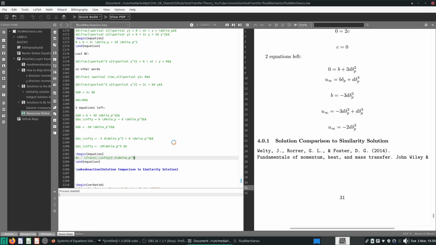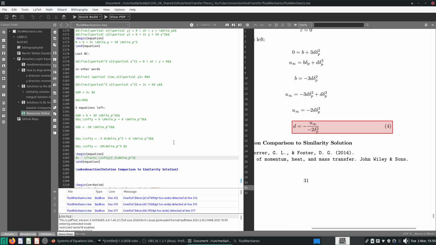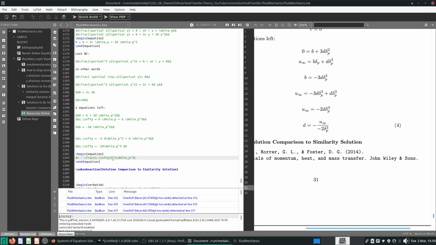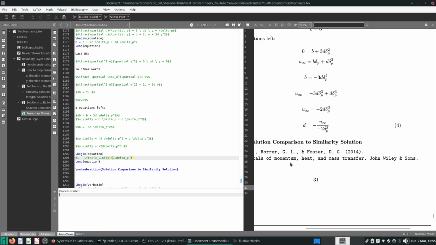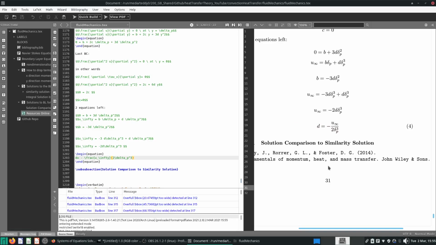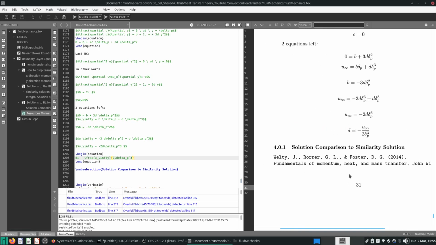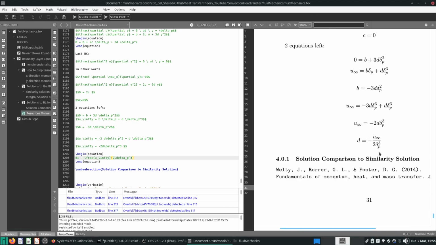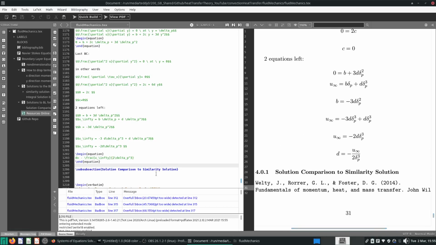So this is in terms of the boundary layer thickness. Of course, if you want to use 0.99 u infinity, you just replace u infinity here by 0.99 u infinity. That depends on how you want to do your boundary layer comparison.